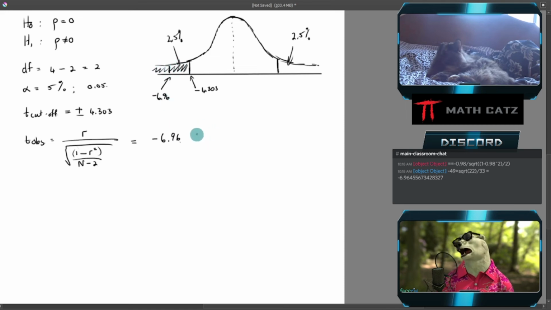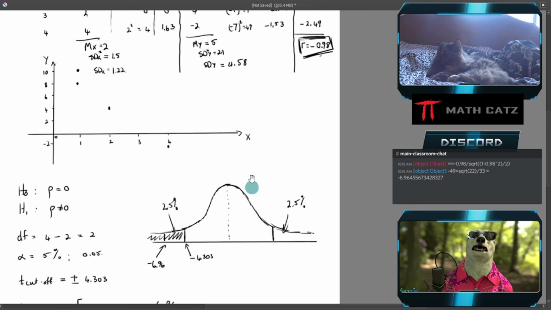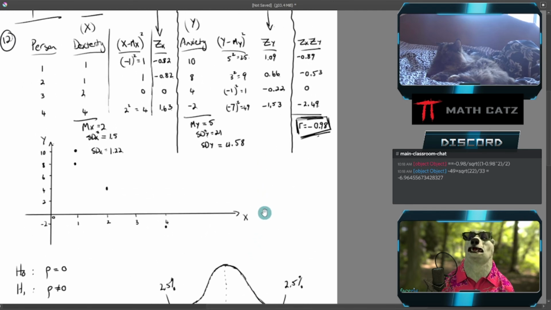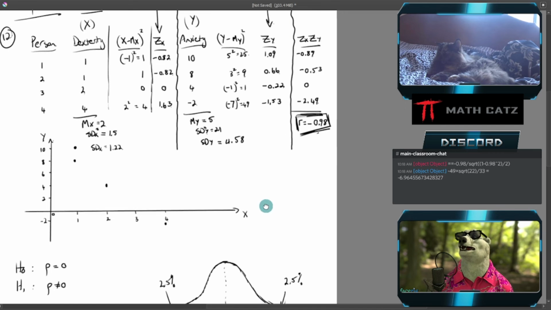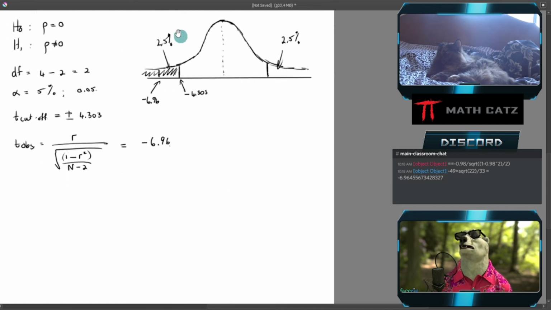So now I conclude that yes, this is significant, that I wouldn't just randomly get these correlation coefficients from samples of 4 people, unless the true correlation isn't over here at 0, but in fact, well, technically different, but it looks like to the left.